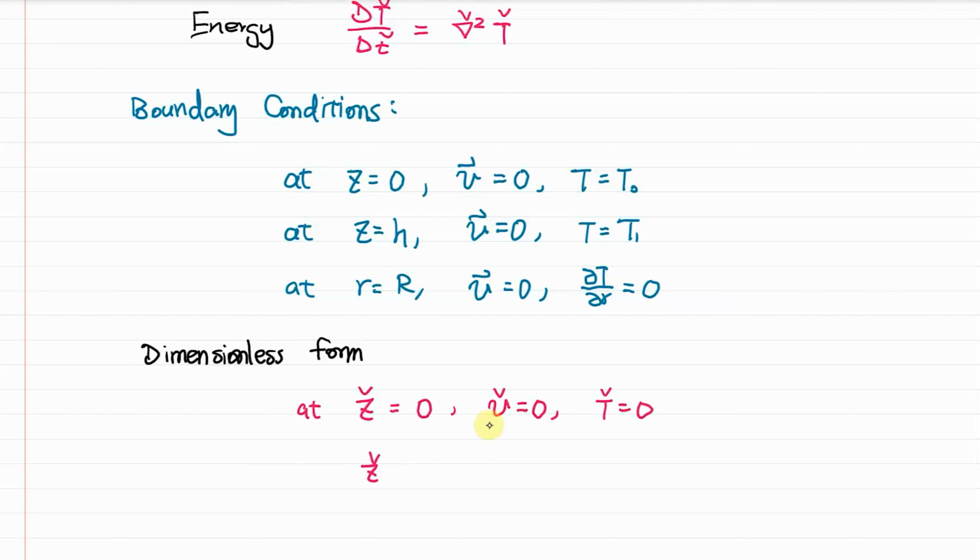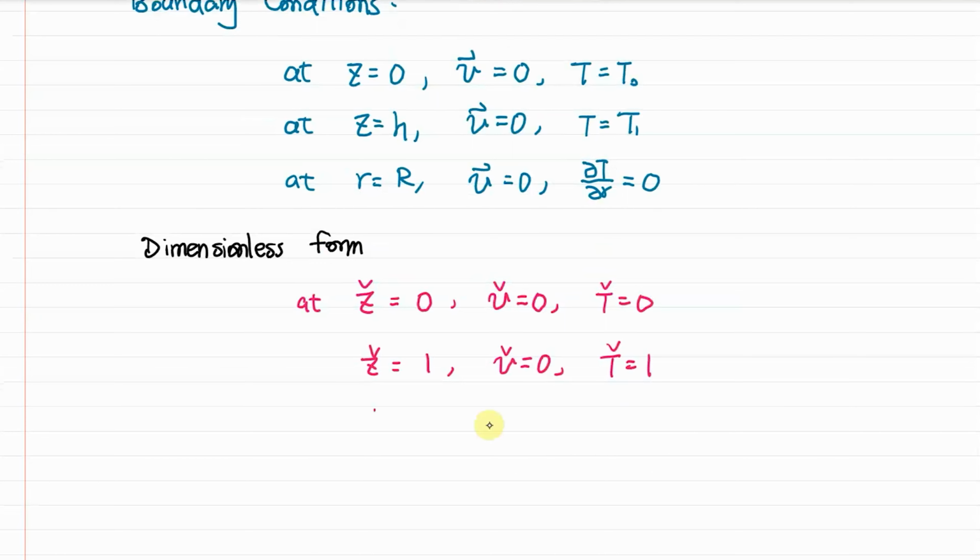At z equals 1, we again have dimensionless velocity as 0 and dimensionless temperature equals 1. And at r equals R over h, we again have zero velocity and the temperature gradient also equal to 0.